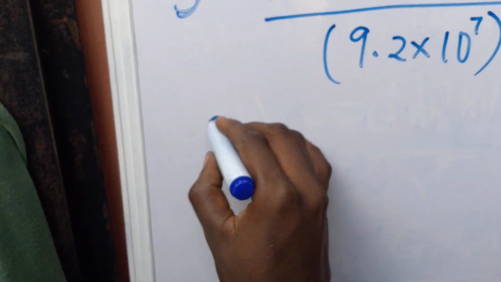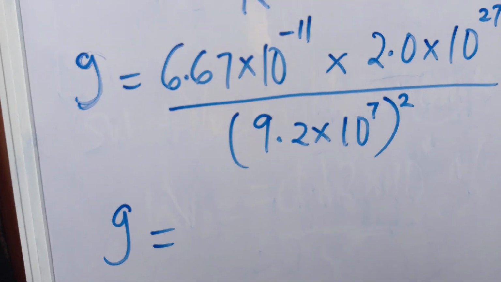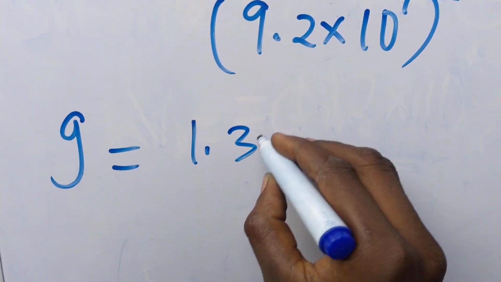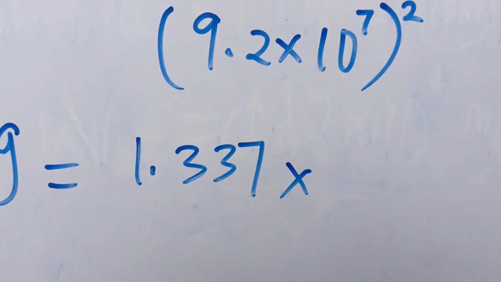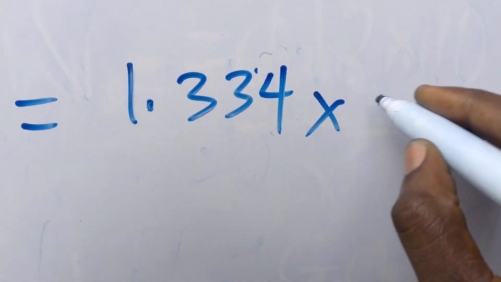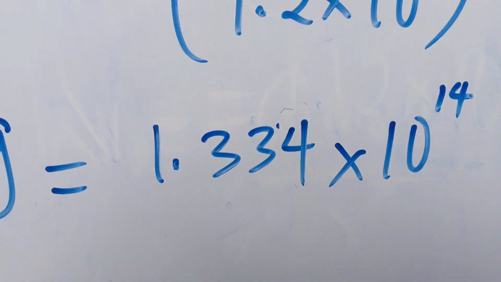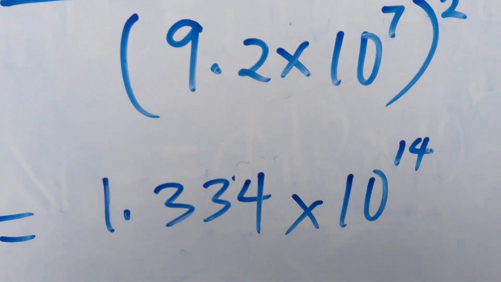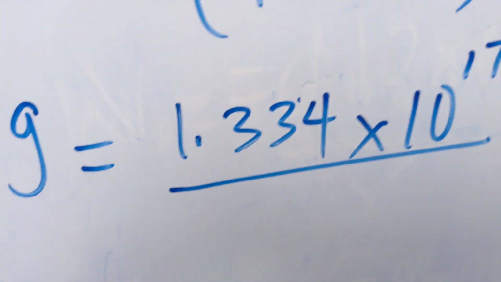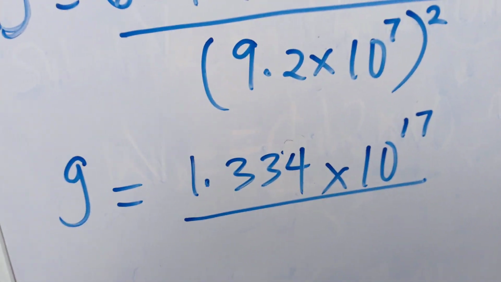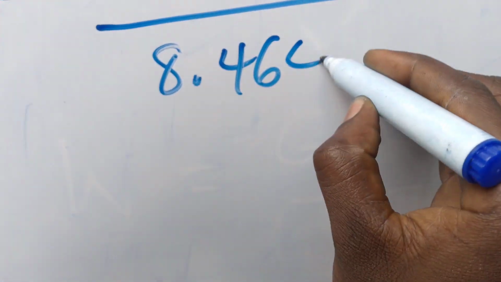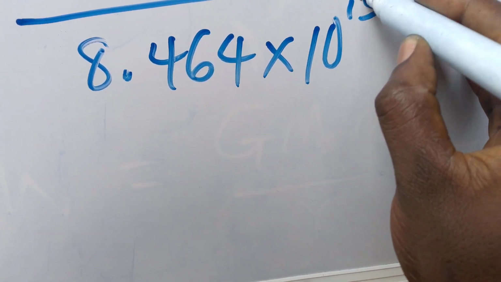Now g, acceleration due to gravity, if I multiply here, this gives me 1.337 times 10 raised to power 17, and when I take the square of the radius, that gives me 8.464 times 10 raised to power 15.